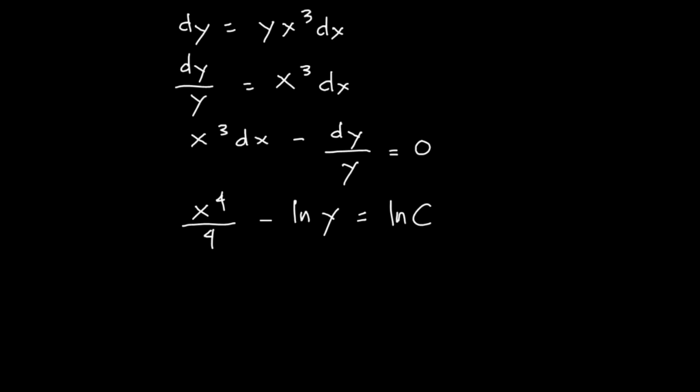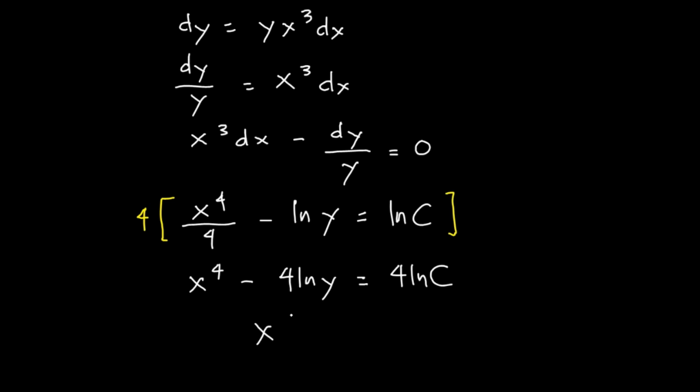Okay, so after that, we can multiply both sides by 4. Sige, multiply natin both sides by 4. Yan. So, mangyayari dito, makakancel yung 4, matitira yung x to the fourth minus 4 ln y equals 4 ln of c. And then, since may ln ito, then may ln to, i-transpose natin to sa right side.